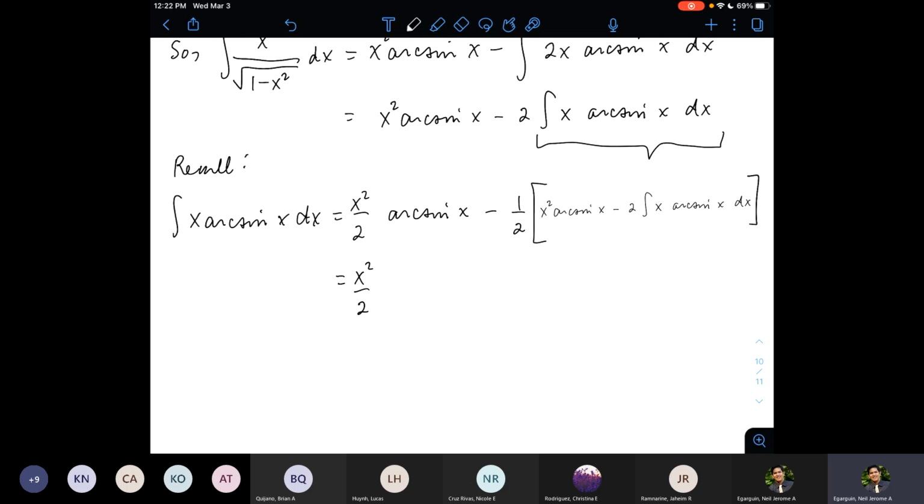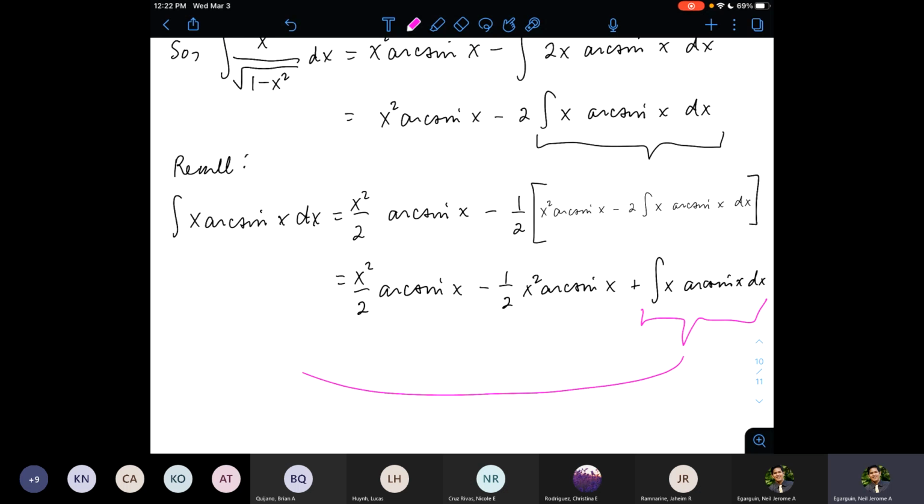So this is x squared over 2 arcsine of x minus 1/2 x squared arcsine of x plus integral of x arcsine of x dx. I was hoping that what we can do here is to try to put this to the left-hand side. But you see, what would be the problem if I do that?